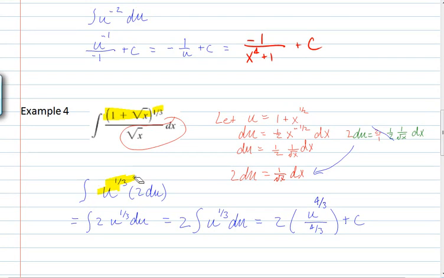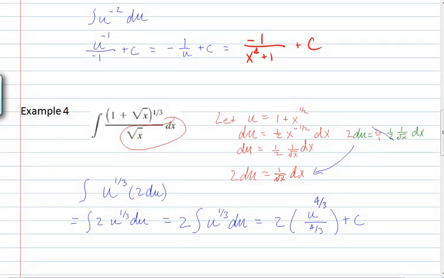We didn't want to let u be x to the 1/2, because that would get rid of the root symbol but leave us 1 plus u raised to the 1/3 over nothing. We'd still have the problem of the 1 plus u inside being raised to the 1/3 power, and we'd have to do another substitution.